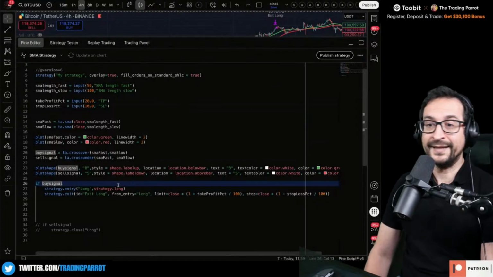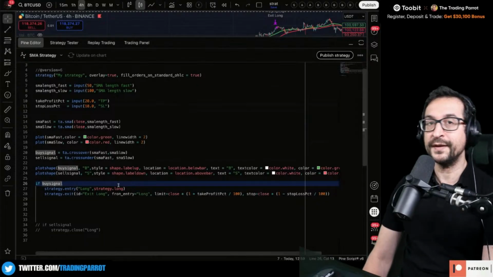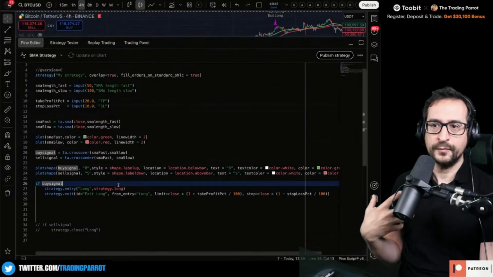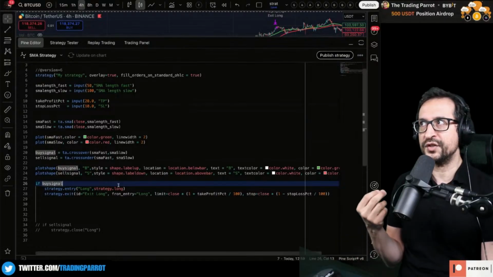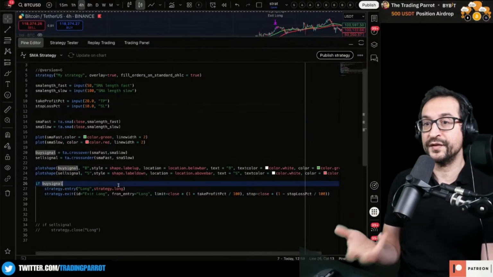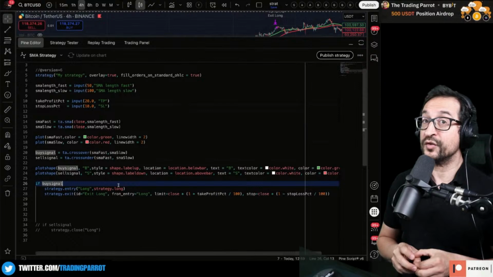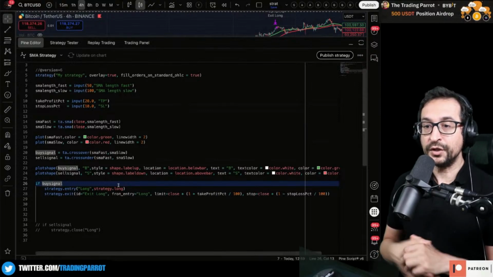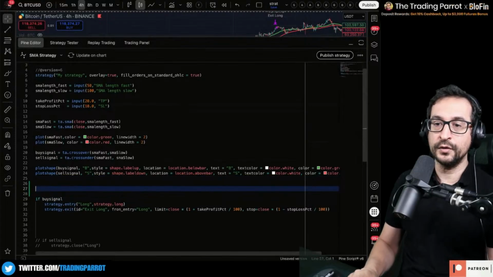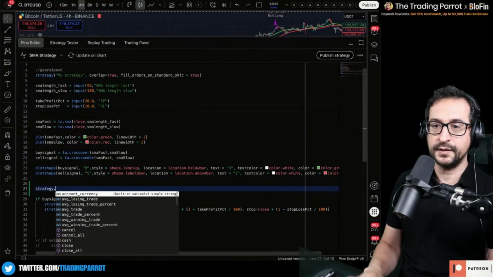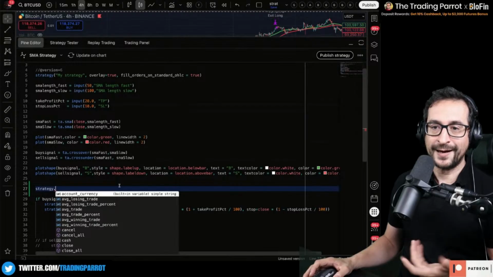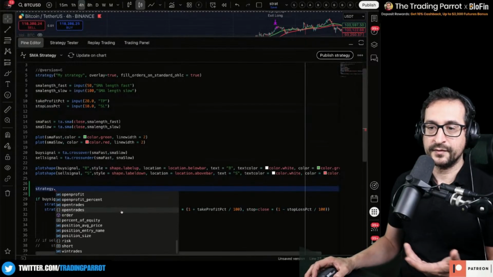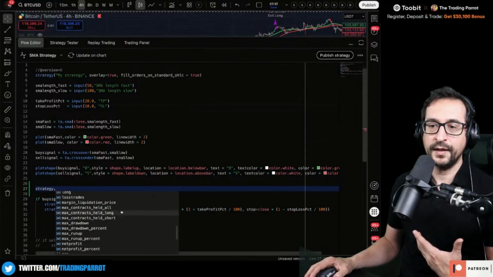It's like a database that knows everything that has happened so far in the strategy: how many times you entered, how much your unrealized profit and loss is, how many positions you currently have open. You can use those variables that are all nested inside strategy. You can write strategy dot and then pick one of these things and explore what you can do with that.